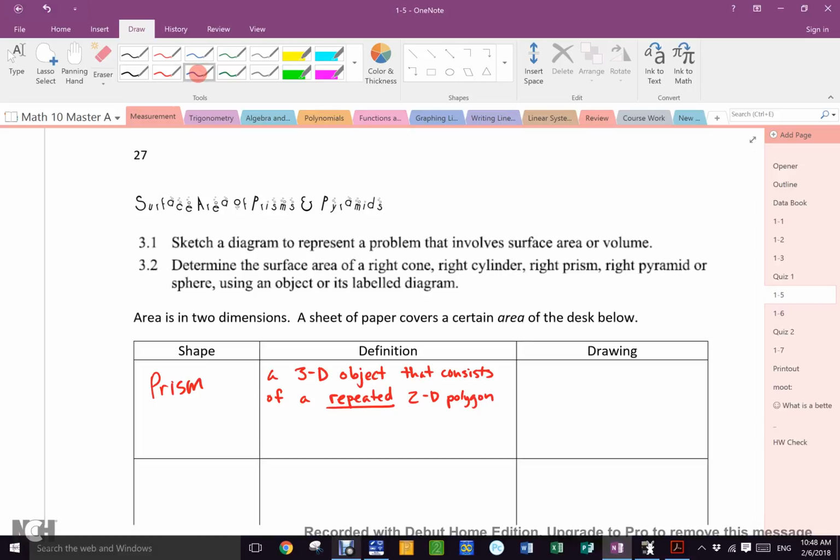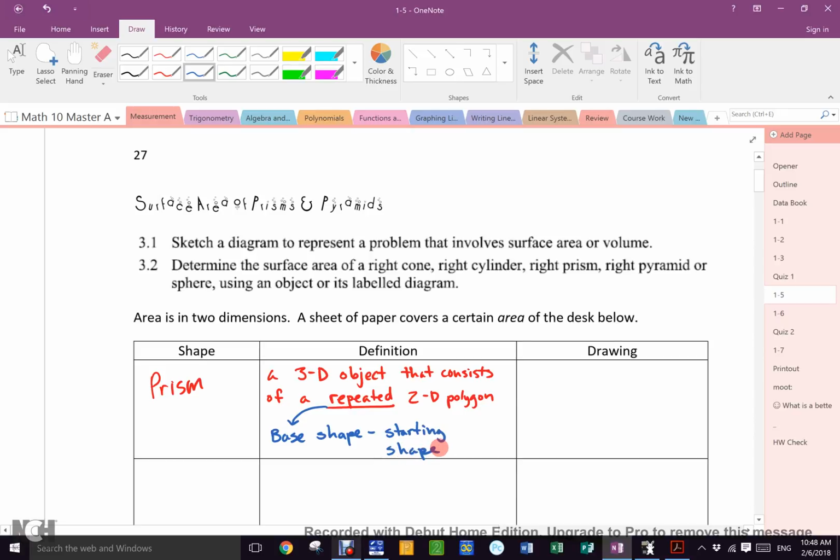Now, I want to call your attention to this. The repeated polygon is what we call the base shape. And we call it the base shape because it's the starting shape, not because it's on the bottom. Does everybody understand? And I'm going to give you an example of what I mean.